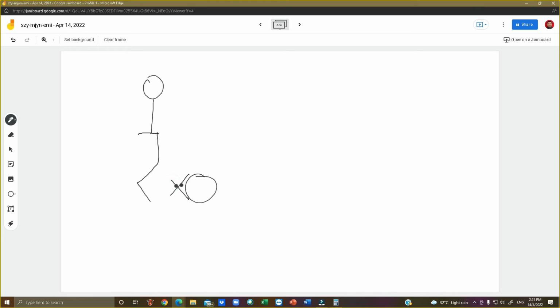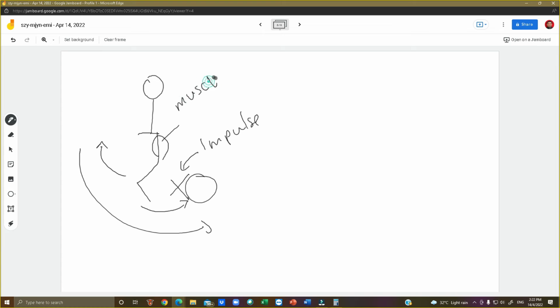When your leg touches the ball, here you are going to get impulse. When you try to kick the ball, you need to have a backswing and a contact. This action is caused by muscle contraction. This one is an example of internal force, means force that is produced internally.